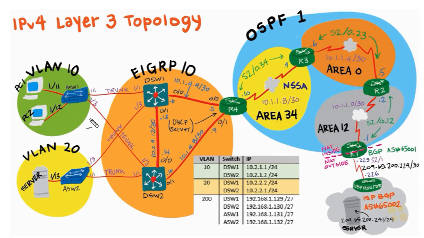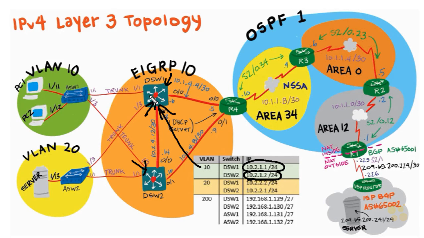But PC1 cannot ping the 10.2.1.1 address, which is the VLAN 10 interface address of DSW1, nor can it ping the 10.2.1.2 address, which is the VLAN 10 interface of DSW2. So some possible reasons for that could be that perhaps these interfaces are down. I know we just bounced the VLAN 10 interface on DSW1, so it's definitely not down.